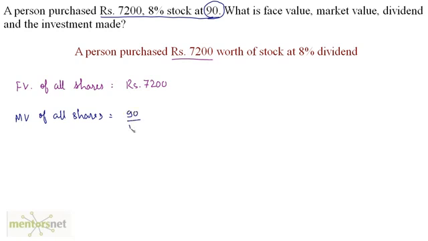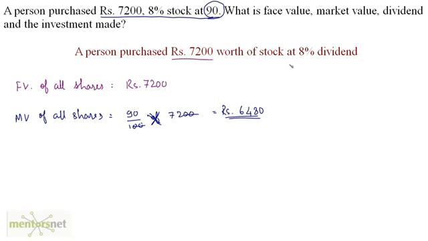So 90% of the face value, that's 7200, right? So I can replace this "of" by a multiplication. These hundreds and these two zeros get cancelled out. 90 times 72, and that's 6480 rupees. So that's the market value of the shares.